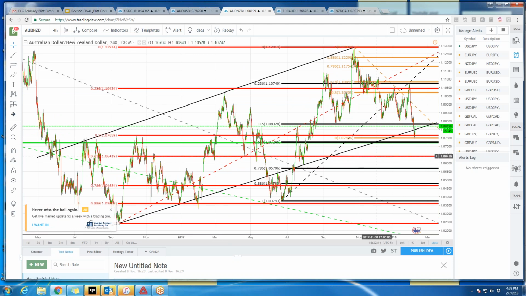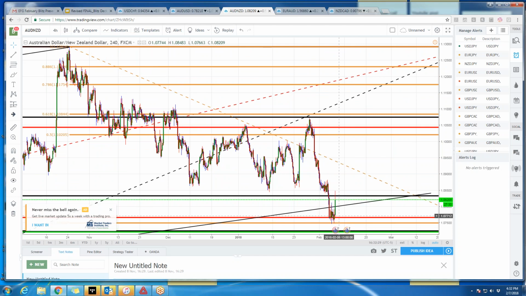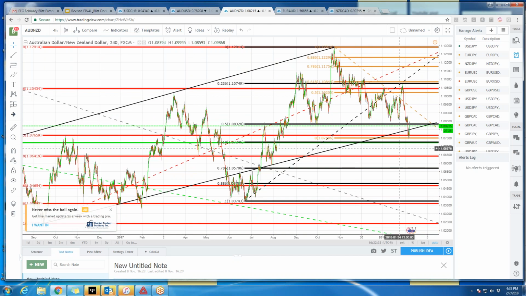This red 68 is where I'm thinking if it tests off here, it should come down to this red 61.8. Because honestly, it's playing with the 50 Fibonacci of the red, in between these two 50 Fibonacci zones.